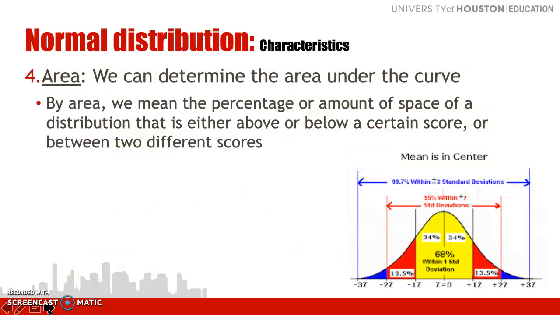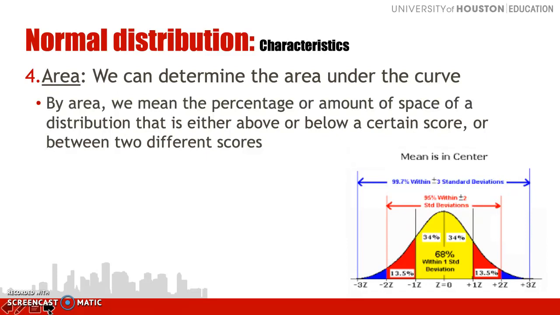A fourth nice characteristic is that with any normal curve, not just the unit normal, we can determine the area under the curve. By that, I'm referring to the fact that between 1 standard deviation above and 1 standard deviation below the mean, that area includes 68% of all the individuals in your distribution.